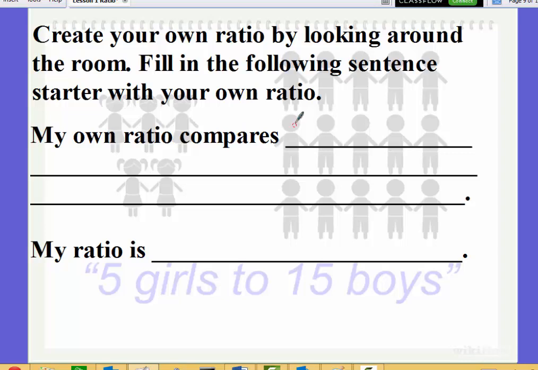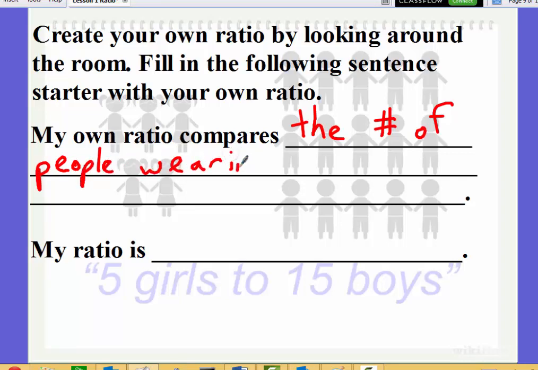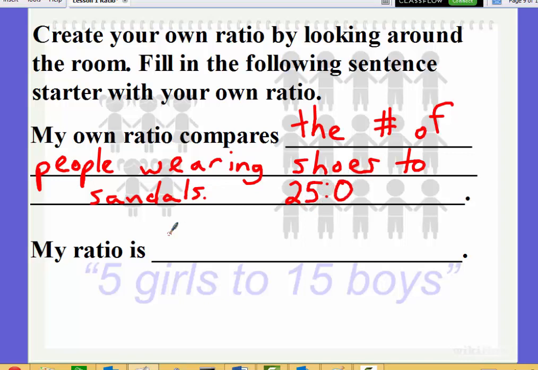So my ratio compares the number of people wearing shoes to sandals. And since I don't see any kids in class wearing sandals, since I'm guessing it's winter time, I'm just going to guess that there are 25 people wearing shoes and there are 0 people wearing sandals. So my ratio will be 25 to 0.